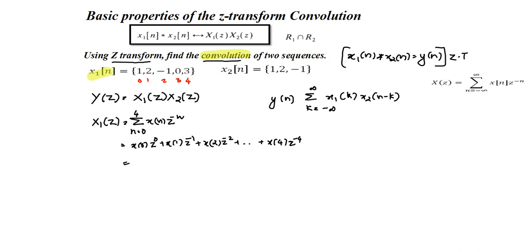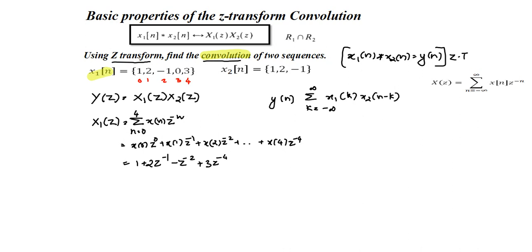So I can substitute here. x of 0 is 1, so 1 into z raised to 0 is 1, plus x of 1 is 2, so 2 into z raised to minus 1, and x of 2 is minus 1, so minus z raised to minus 2. The next term is 0, so I don't write it here, and the next term is plus 3 into z raised to minus 4.